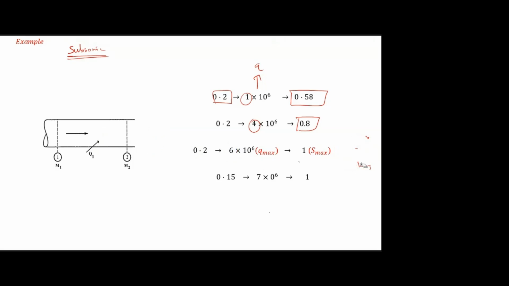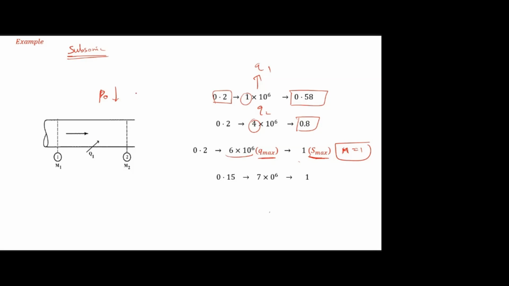So once the flow got choked, that is Mach number reached 1, then I can take this Q value as Q max. Once the choking occurred, I am taking the corresponding Q as Q max. And this is S max, that is entropy. I already told you, due to that heat transfer, there is a stagnation pressure loss.